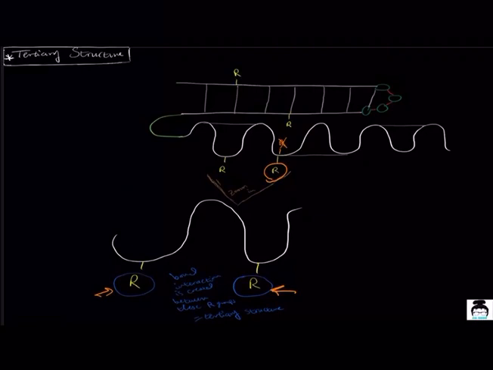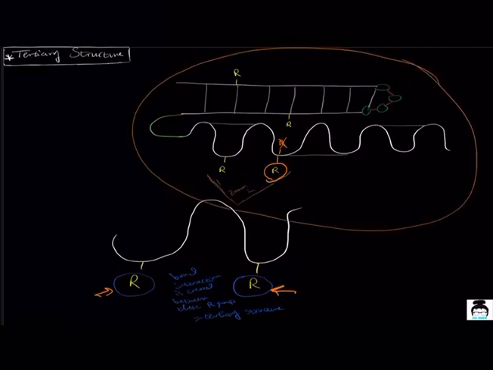When you have bond formation between R groups, this whole thing is going to fold onto itself. When it folds onto itself, it forms a three-dimensional structure, and that three-dimensional structure is what we call a tertiary structure of protein.